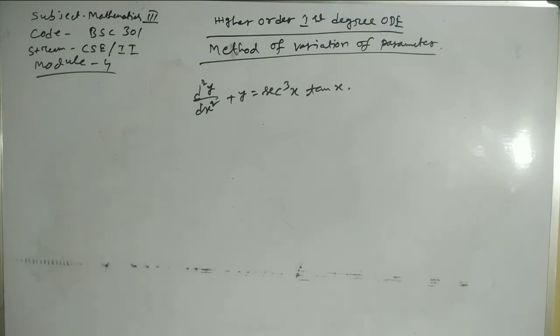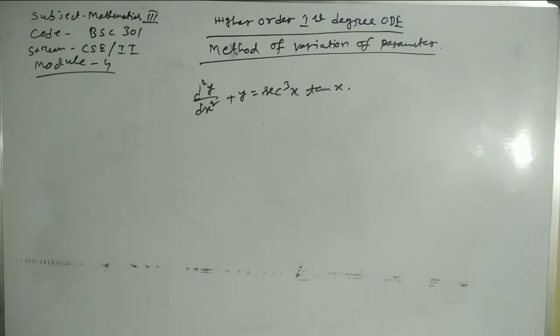Now to solve this ODE, you can see that this is a higher order first degree ODE with linear constant coefficient. We will use method of variation of parameter, and before using it, I want to tell you, you have to first find the complementary function and then you can find the particular integral by using method of variation of parameter.